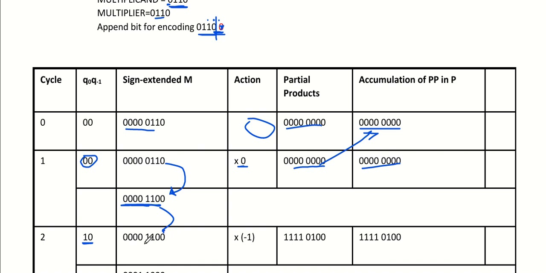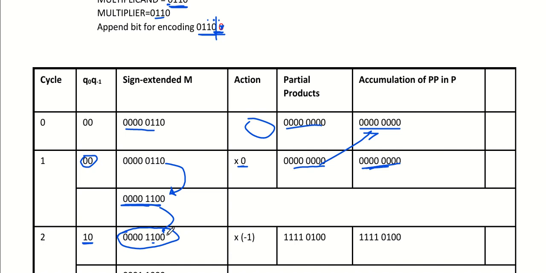So the algorithm says you are supposed to subtract the multiplicand from the product, right? So you are supposed to subtract this number from this number. Now, to make the whole thing easier, we are going to just do an addition. And how do you do an addition? You just find the two's complement of this. And by now, I hope two's complement is okay.